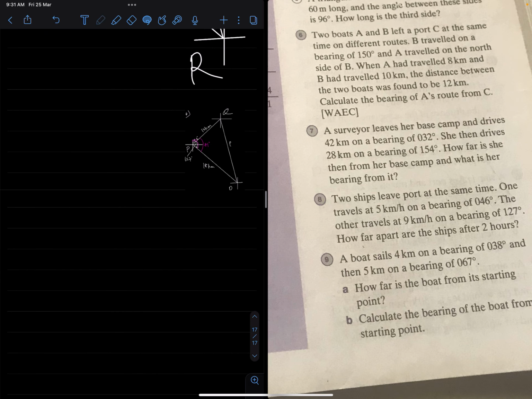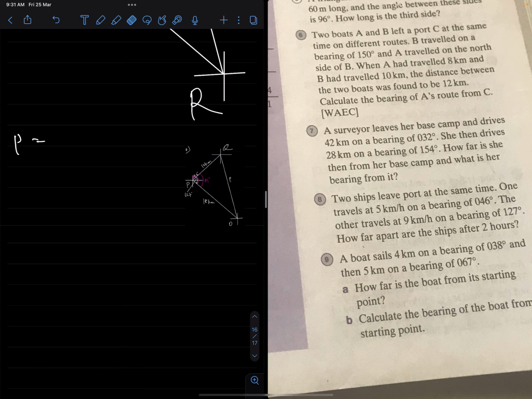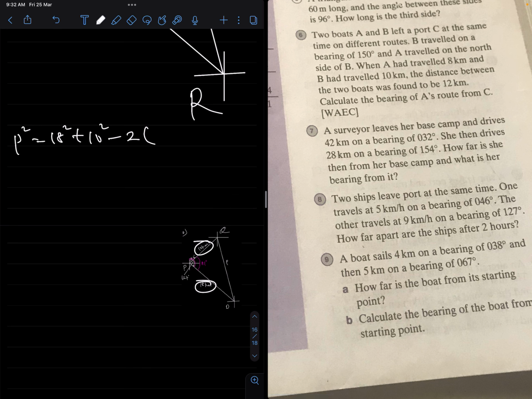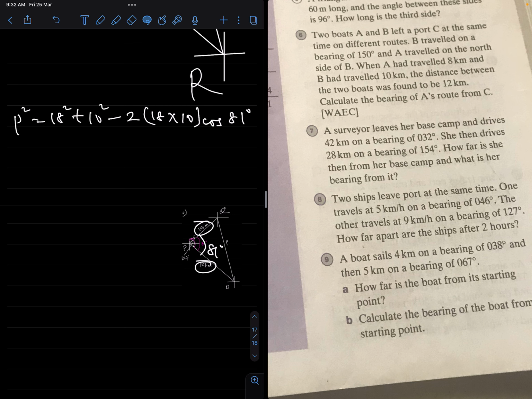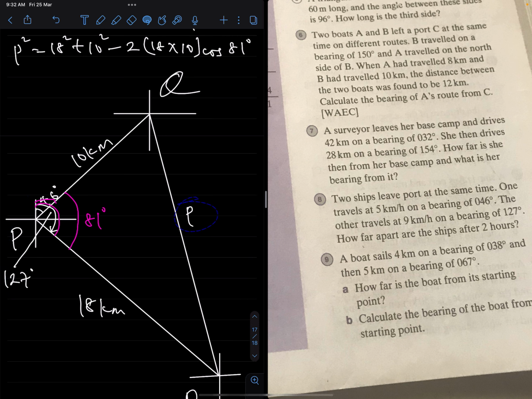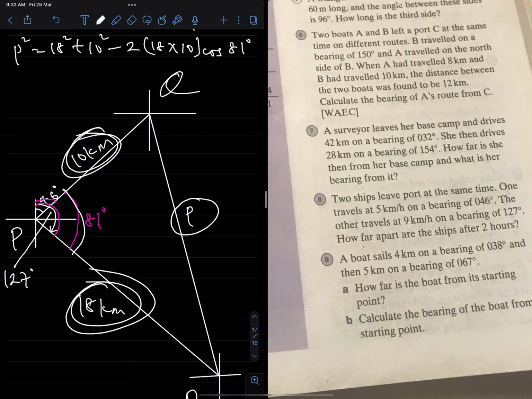P squared will be equal to 18 squared plus 10 squared minus 2 times 18 times 10 multiplied by the cosine of angle P, which is 81 degrees. I don't want to paste a big image so that we can still have enough space to write. So just for clarity, p squared is 18 squared plus 10 squared minus 2 times 18 times 10 times cosine of 81 degrees. And that's it.